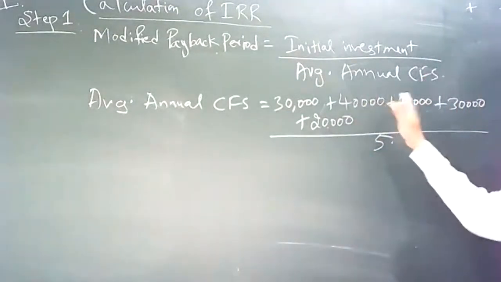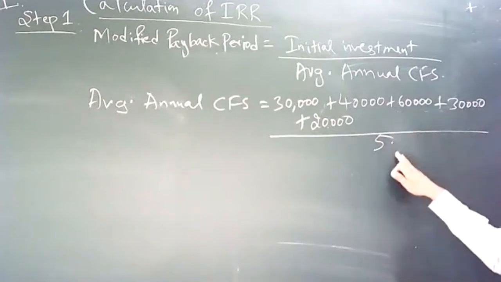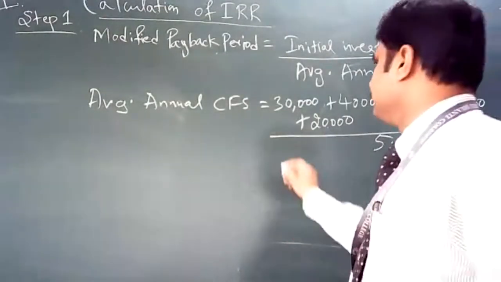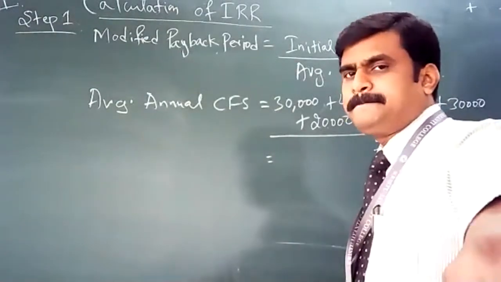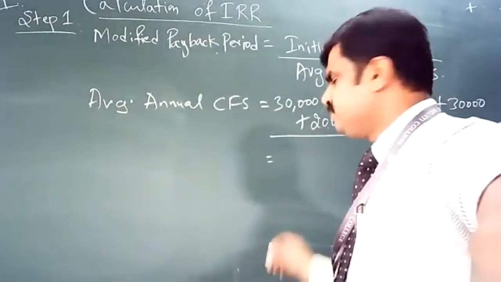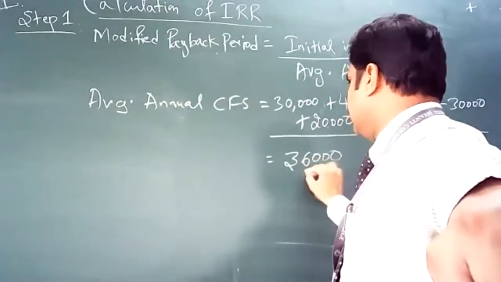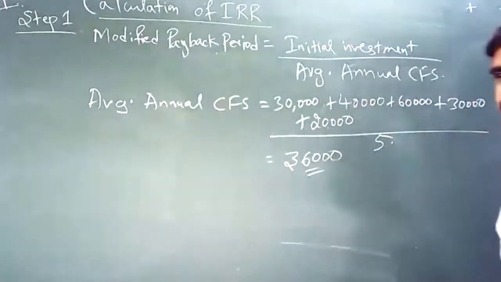Because 5 years is given. Divide, and how much do you get? 36,000. You have got the average annual cash flow.